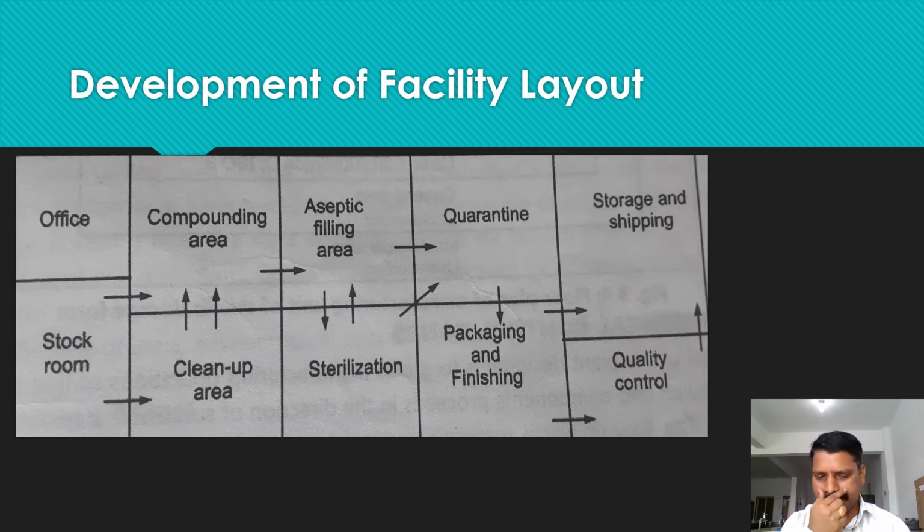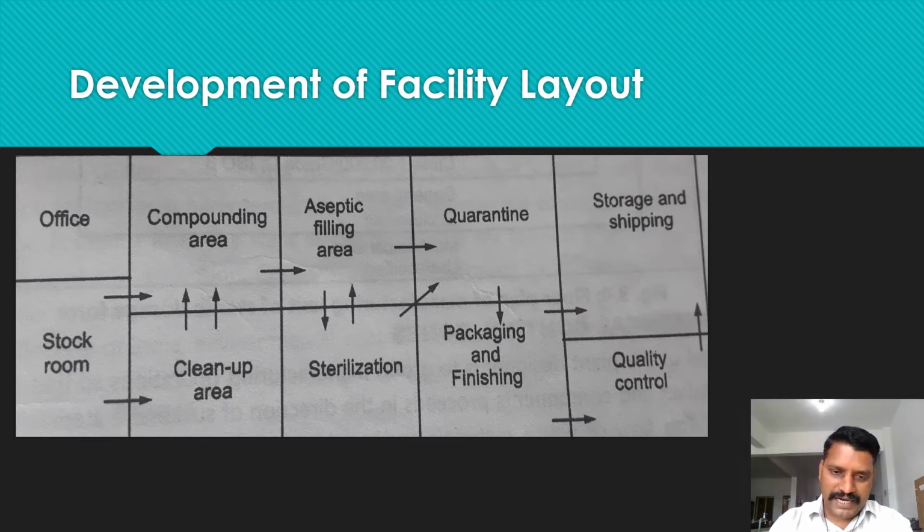Now before that, see the importance of the facility layout, and which parameters should be considered while developing a facility layout for parenteral dosage form manufacturing in the pharmaceutical industry. There are many factors influencing the product characteristics. Therefore, the facility in which a parenteral operation takes place is planned to provide an unnaturally clean production environment.